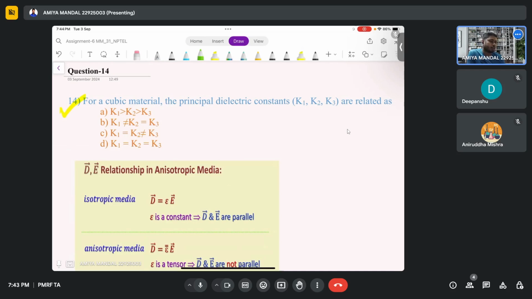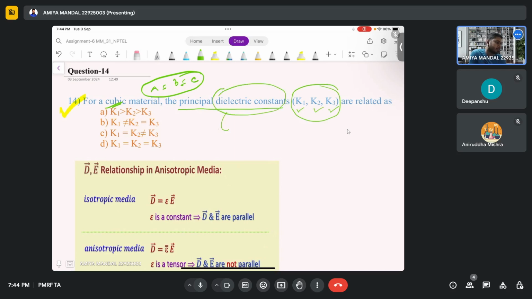For a cubic material, where A equals B equals C, the principal dielectric constants K1, K2, K3 are called principal dielectric constants.